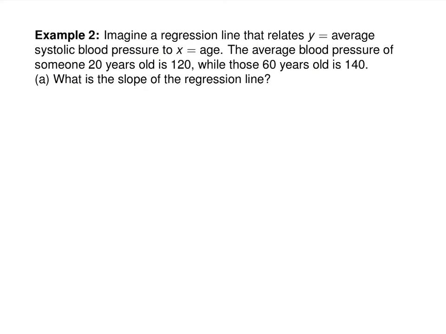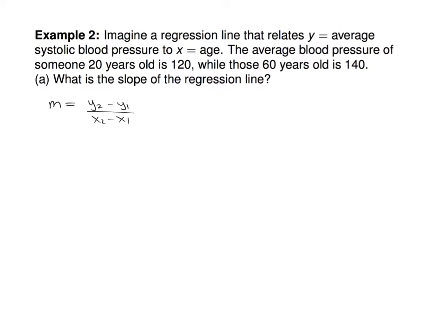Now imagine a regression line that relates average systolic blood pressure to age. And we know that the average blood pressure of somebody who is 20 years old is 120, while those who are 60 years old is 140. So given those 2 points, what is the slope of the regression line going to be? Well, recall that the formula for slope is y2 minus y1 over x2 minus x1. So we need to figure out what our points are.